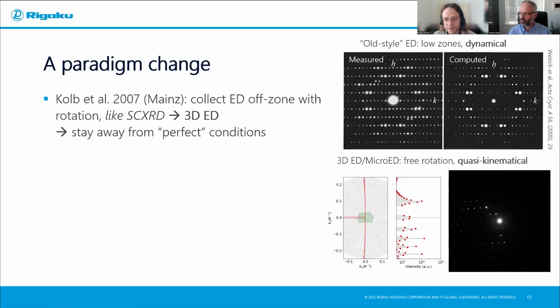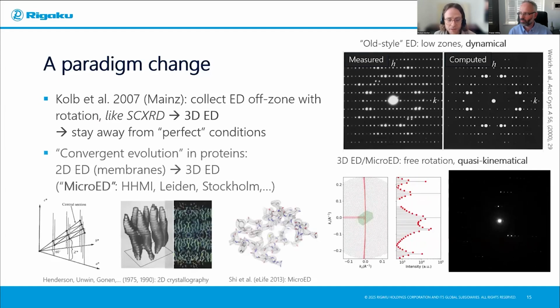Now, one thing that's very, very interesting and peculiar is that the exact same thing has been recognized and realized in protein crystallography. I would call this, let's say, some sort of convergent evolution, because as early as in the 70s, there was seminal work by Henderson and Unwin, later on also by Gonen and others, on 2D crystallography.